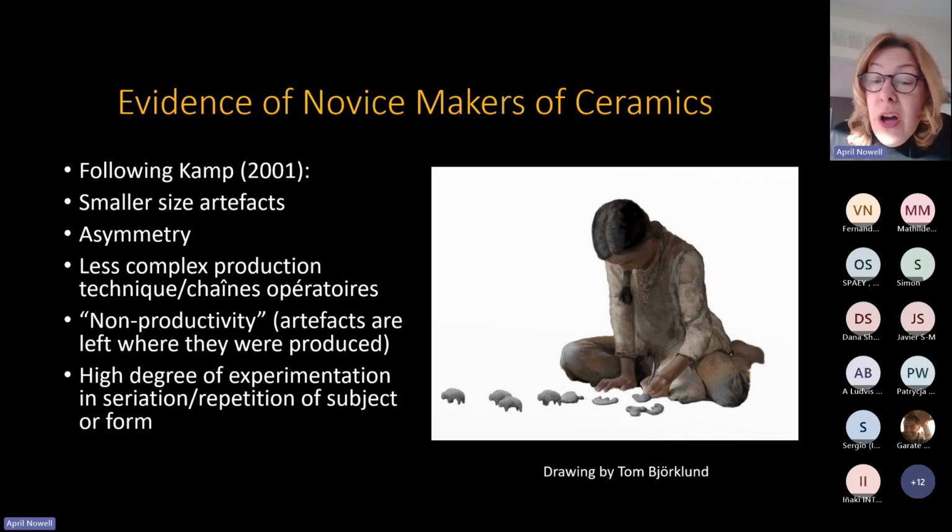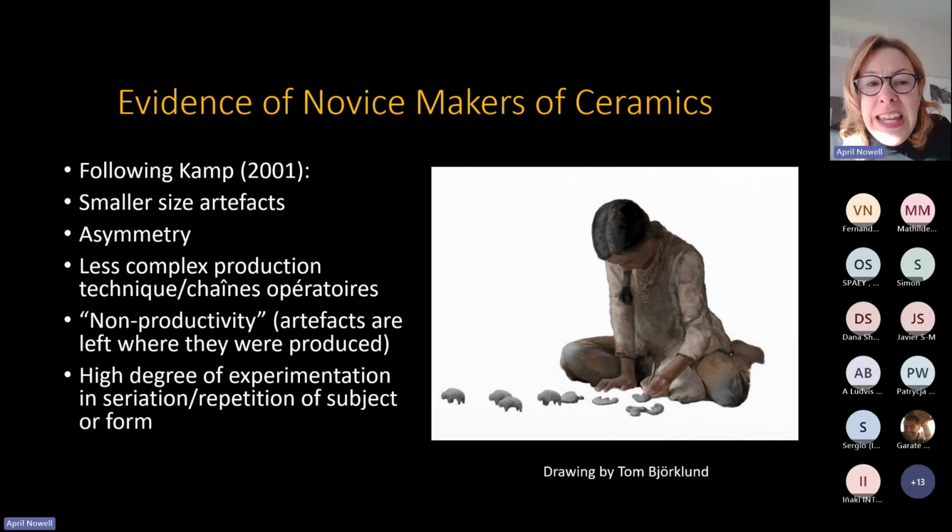So these artifacts are often left where they've been produced. And finally, what we see is a high degree of experimentation, and we don't see as much seriation as we do with, say, more experienced makers. So we'll take a look.